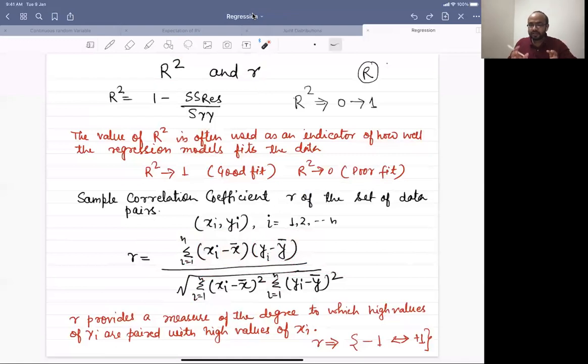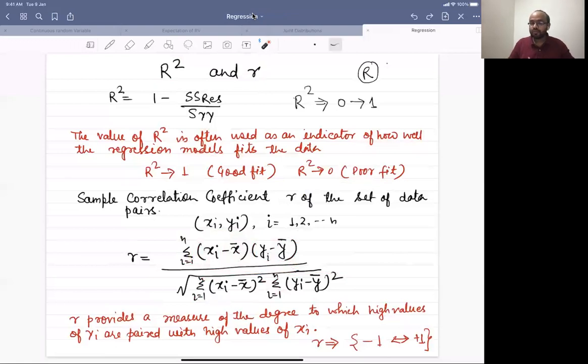So now you can get an intuitive idea of how this quantity tells us about how xi and yi's are varying together. If xi and yi are moving in the same direction, that is, higher xi values have corresponding higher yi values, and if xi's are going down, the corresponding yi's are also decreasing, then this quantity becomes positive.